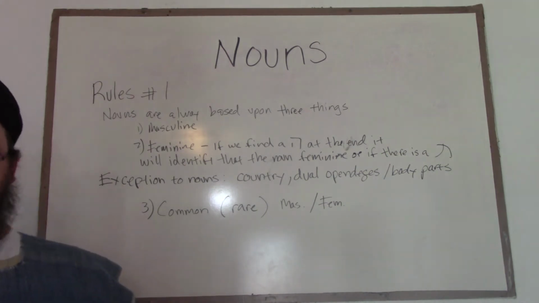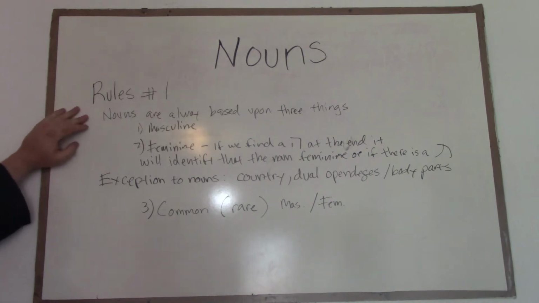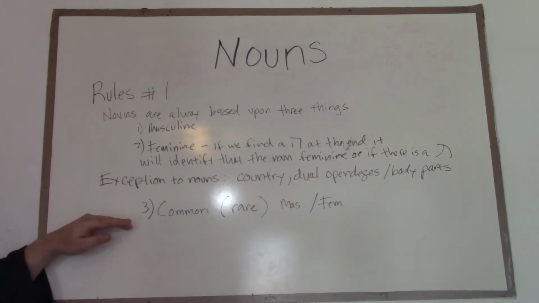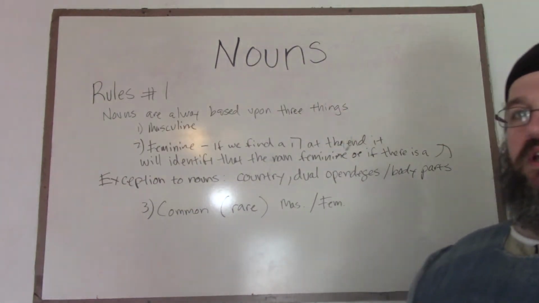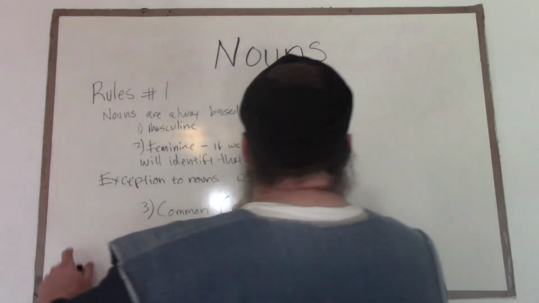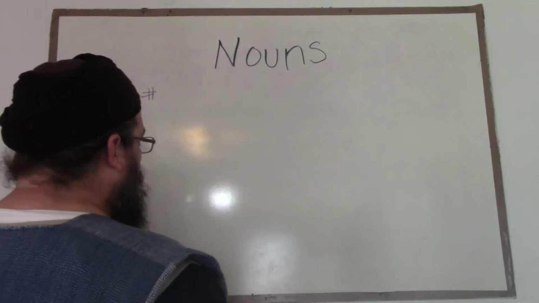So to make it more simplified, we have rule number 1, what these are, that nouns have 3 things to be understood as: masculine, feminine, and common. All right? Now that we have that simple understanding of how nouns are in relationship to this, now we have to get to the next point, which is to identify the next rule with regard to nouns. So here's going to be the next rule, okay? So this is going to be rule number 2.